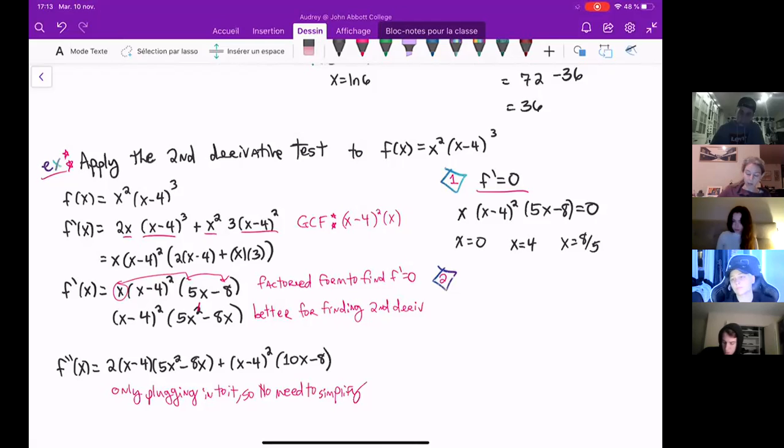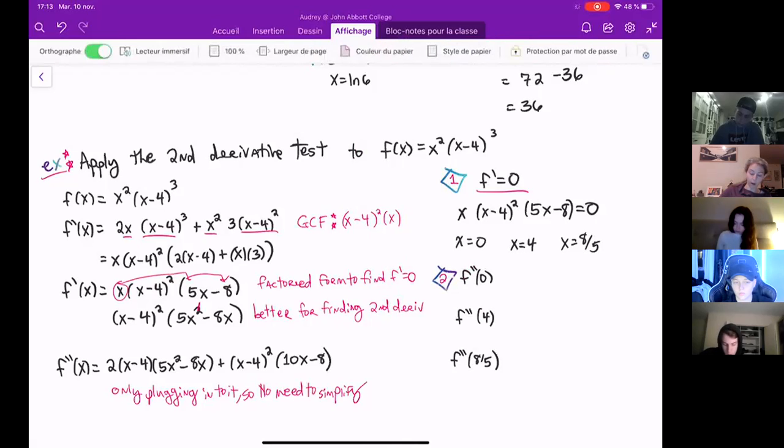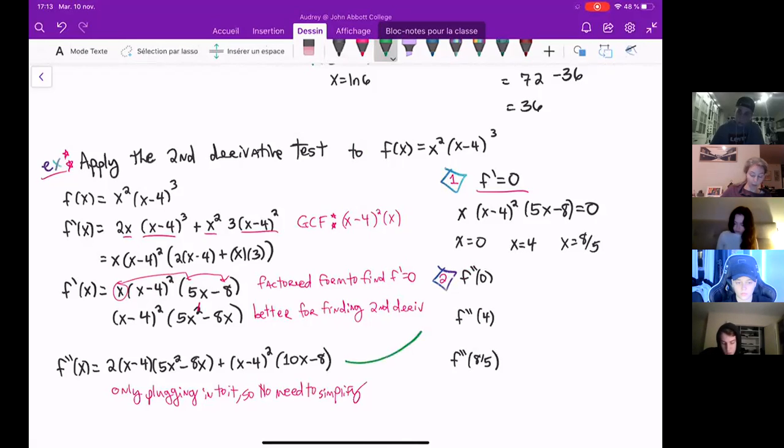So now I'm saying f double prime of 0, and then I want f double prime of 4, and f double prime of 8 over 5. So I'm plugging those into f double prime now. And am I looking for a value or a sign? A sign.